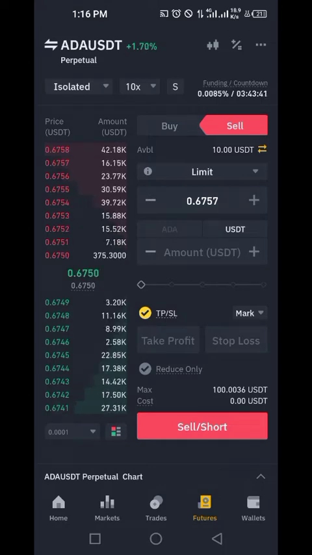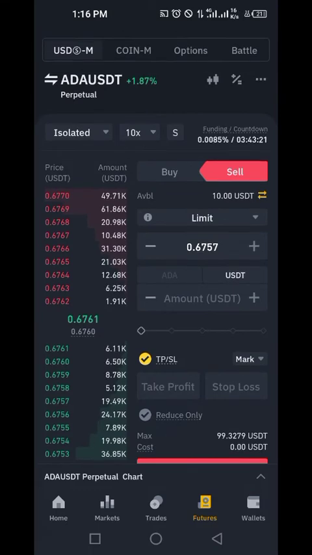But when you are trading on futures, you can short a position, meaning that as the asset is going down, you are also profiting from it. On spot, when it goes up, that's the only time you can profit. But when you are shorting an asset, when it's going down, you're also making profit on it. Okay, so that's about buy and sell.